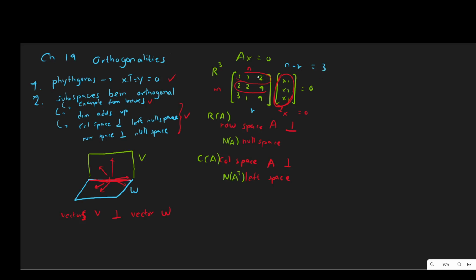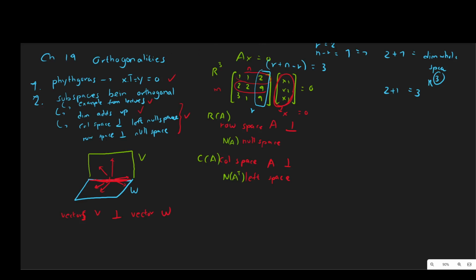So in this case, we know that R is 2 and n minus R is 1, so R plus n minus R must be 3. So this is what we got. We know 2 plus 1 equals the dimension of the whole space, which is R3. So 2 plus 1 equals 3. Cool. So this covers this one.